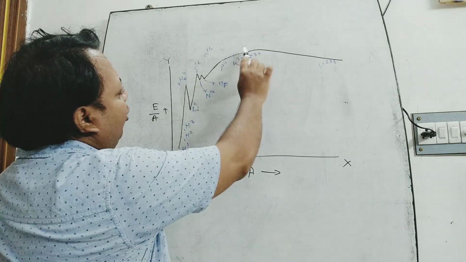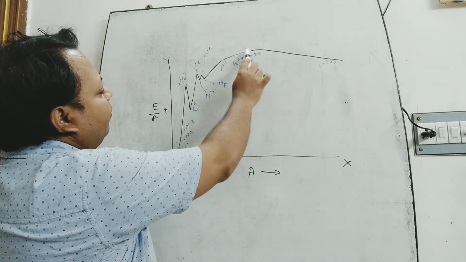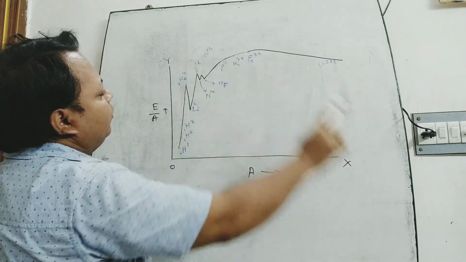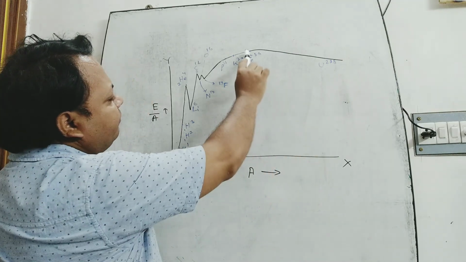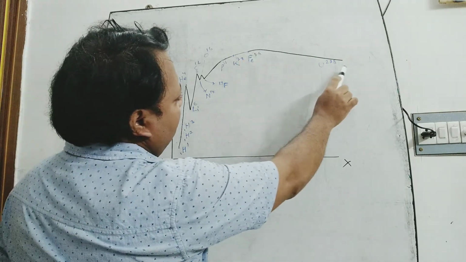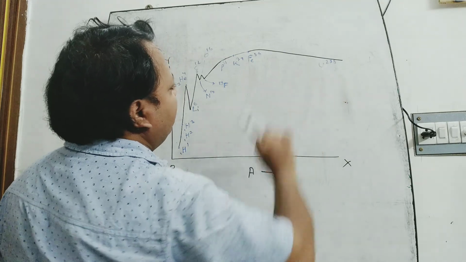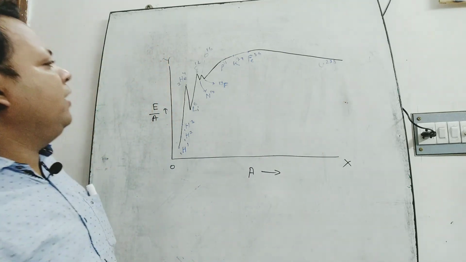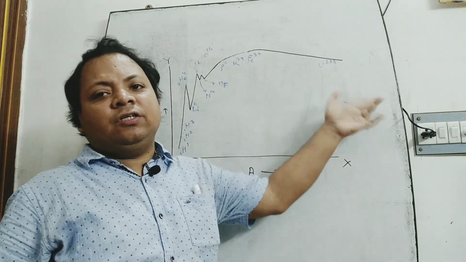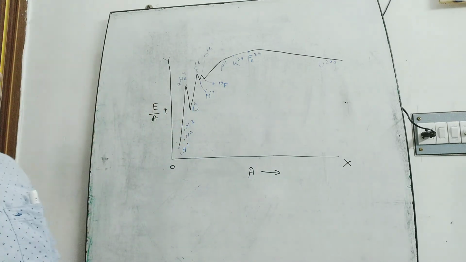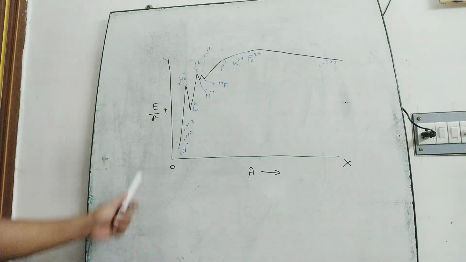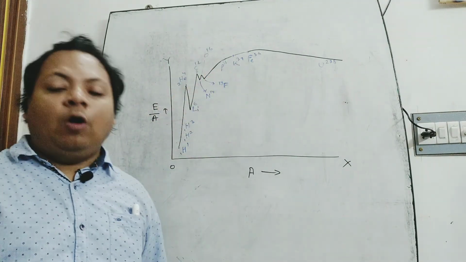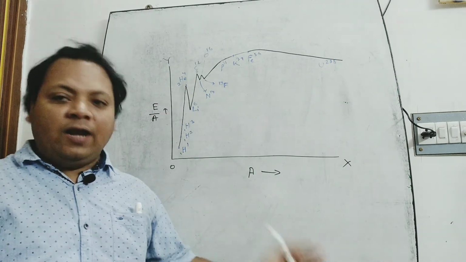This graph peaks almost at iron. After that it decreases, and at uranium 235, binding energy per nucleon is very small. This graph shows the stability of the nucleus of an atom.